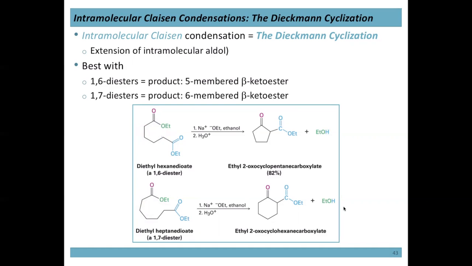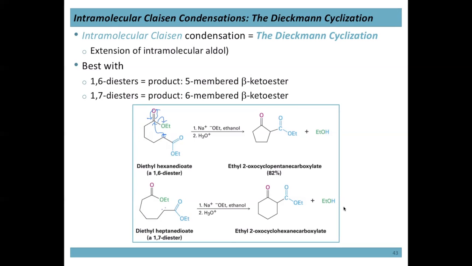So I'll do an abbreviated mechanism on this top example here. We would deprotonate that alpha carbon, forming a carbanion. And then we attack that carbonyl intramolecularly, kicking off the leaving group, and we get a 5-membered ring.